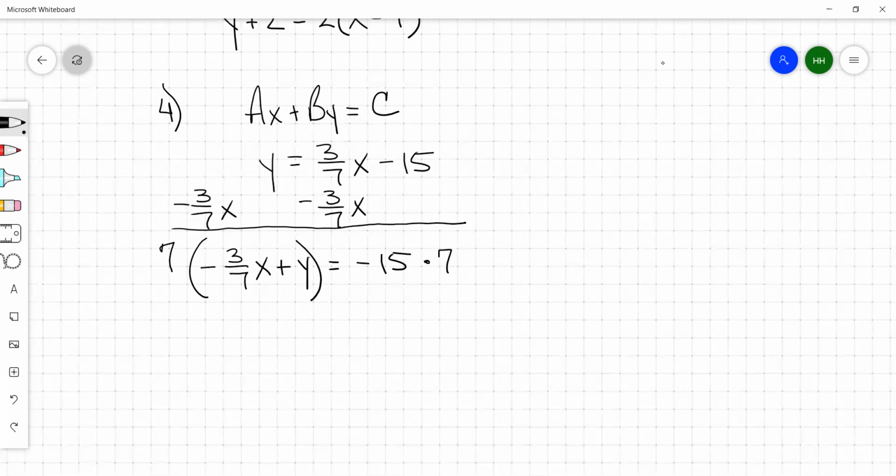So 7 times negative 3/7 is negative 3 with the x, plus your 7 times y is 7y, equals negative 105. So there's your line in standard form with integer coefficients.